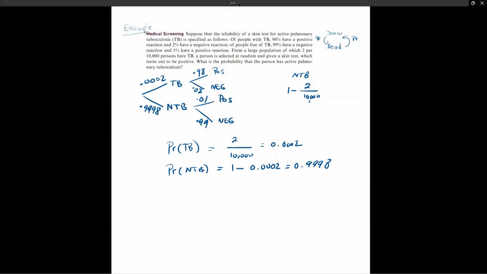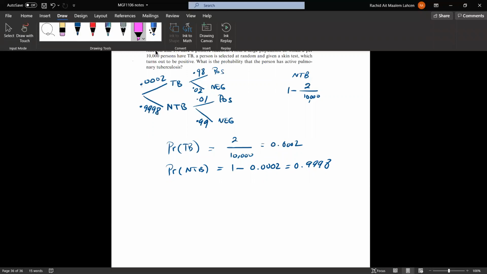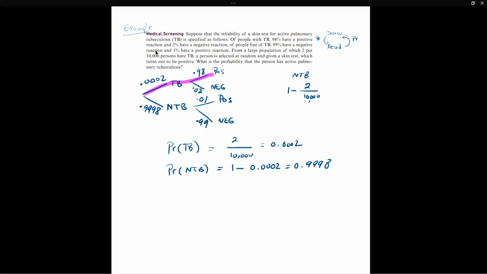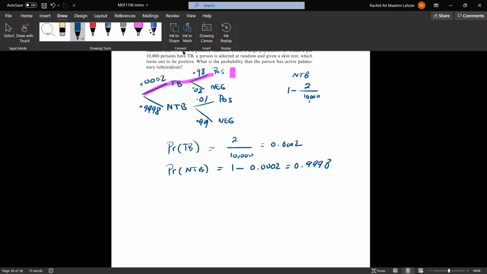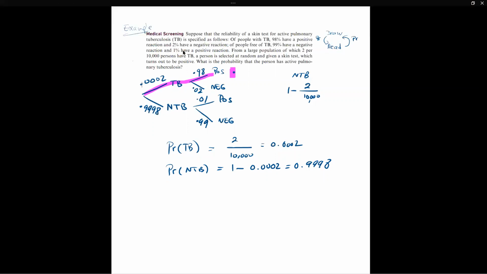So if you want to get, let's show it here. So if we go this way, right? Let's do it on a calculator. If you do 0.0002 times 0.98, then we get 0.000196, right?